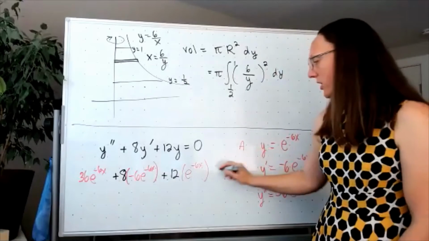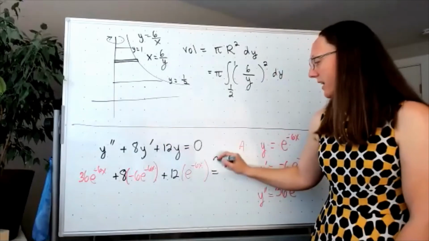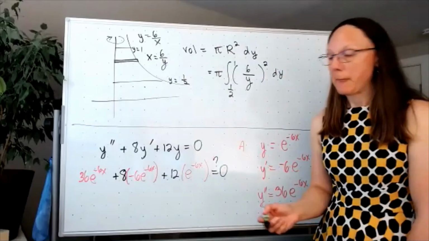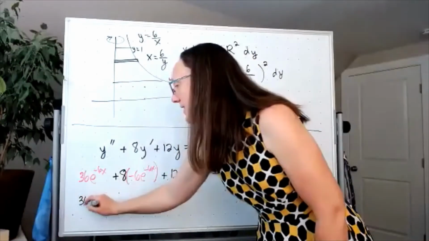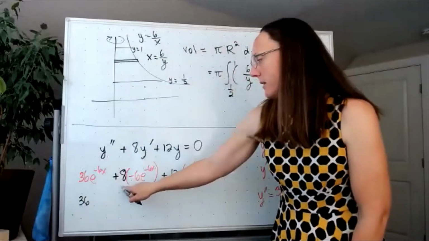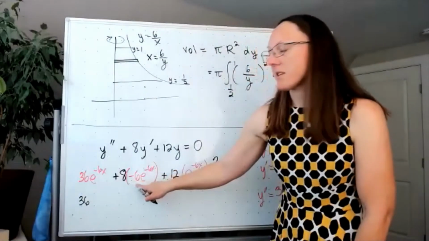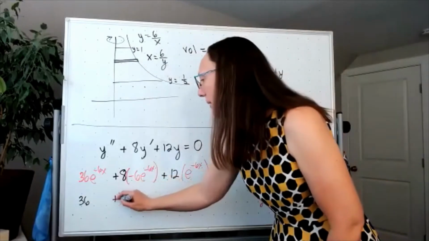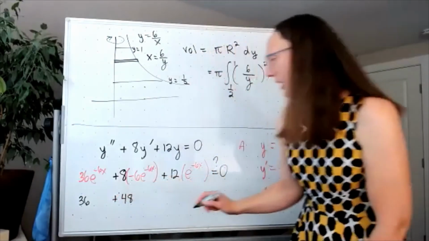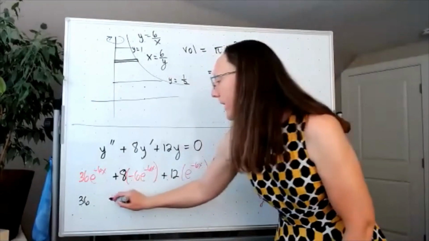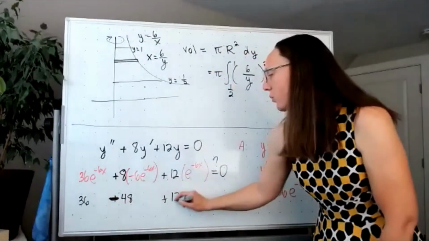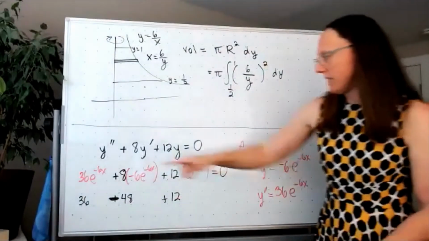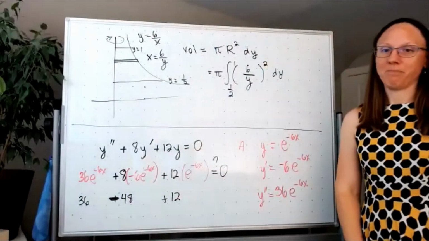The question is, when I simplify that side, is it equal to 0? Well, that's 36 e to the negative 6x, and 8 times negative 6 is negative 48. Correct me if I get this wrong: I've got a positive 36, a negative 48, and then a plus 12. I know I ignored the e to the negative 6x part, but that works out to be 0.